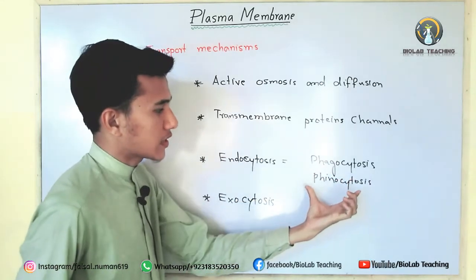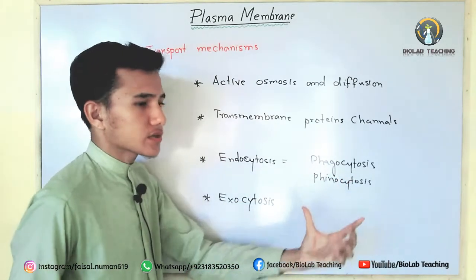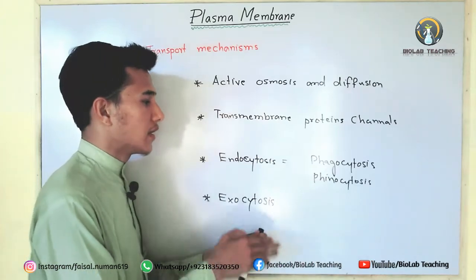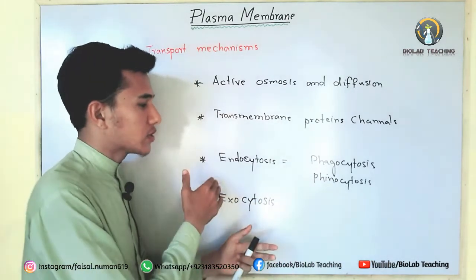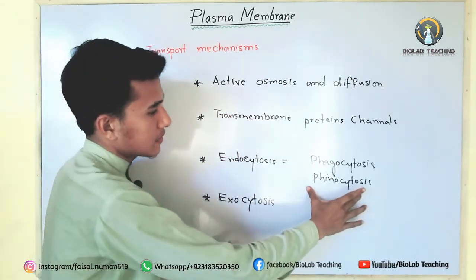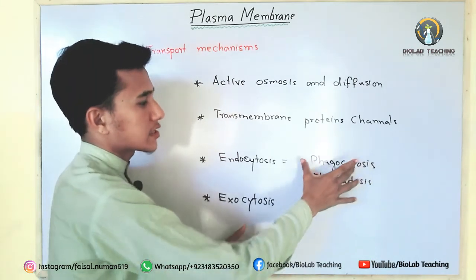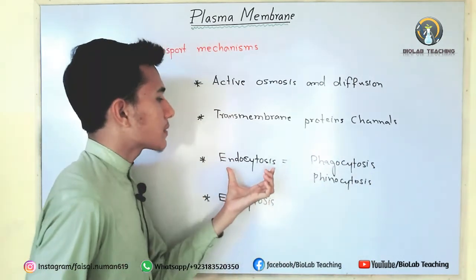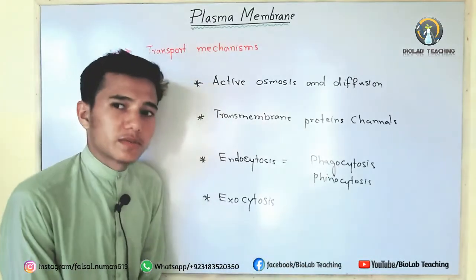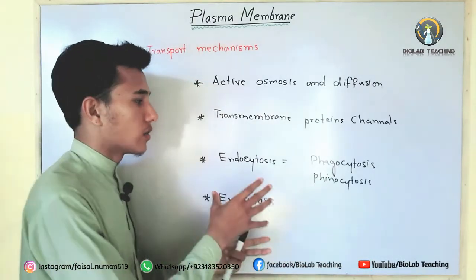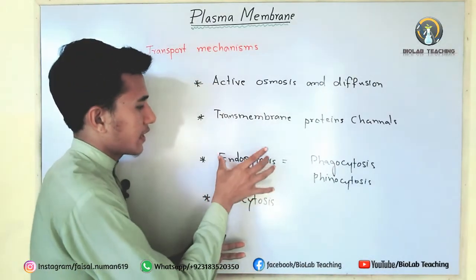The pinocytosis is the drinking of things by the plasma membrane. And the eating of things by the plasma membrane is called phagocytosis. Things enveloped by the plasma membrane is called endocytosis.